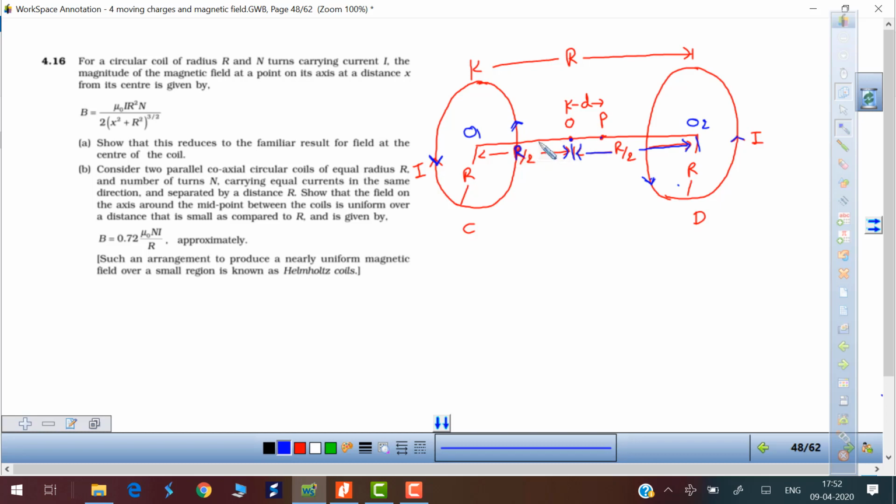If you use your right hand thumb rule, it will be directed to the right side for both cases. So after finding the magnetic field of C and of D, we will add them because they are in the same direction. If the current directions were opposite, then we would have to subtract. But here that is not the case, so we will add.